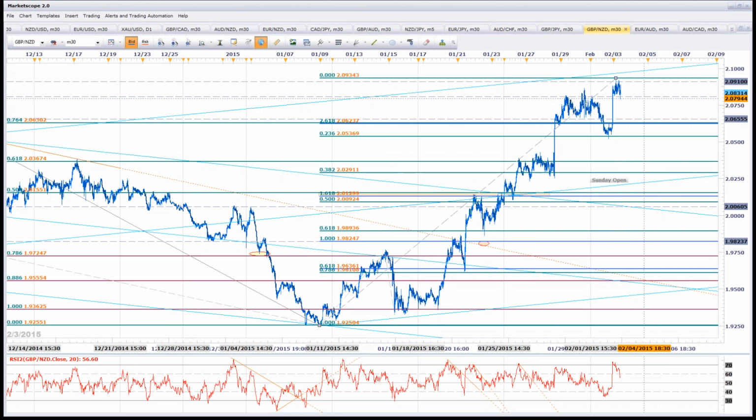All right, so that's in the scenario that we break back below 208. Your obvious initial target's not going to be anything beyond the opening range low for the week, which just happens to be exactly at that 236. So I'm going to go ahead and get rid of that extension at this point.